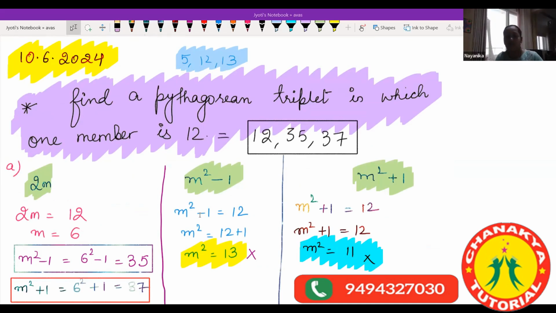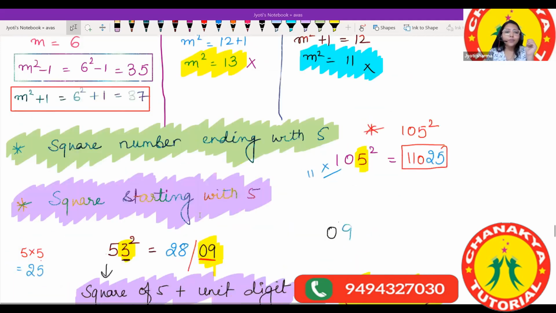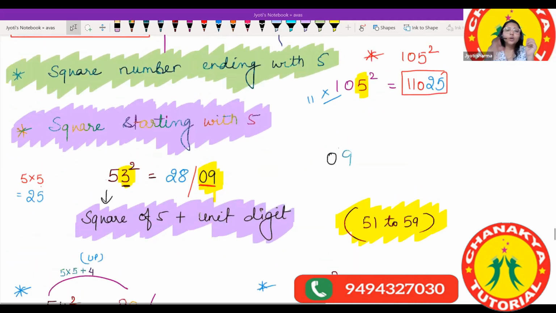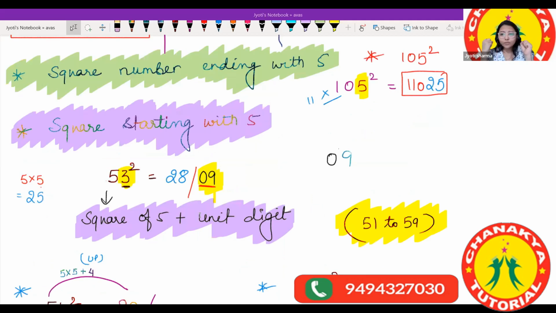This is yesterday's work. We started with finding a Pythagorean triplet whose one member is 12. So we understood in how many ways we can find a Pythagorean triplet. There are three possible options, and you can go with any one of them. After that, we understood squares ending with 5.